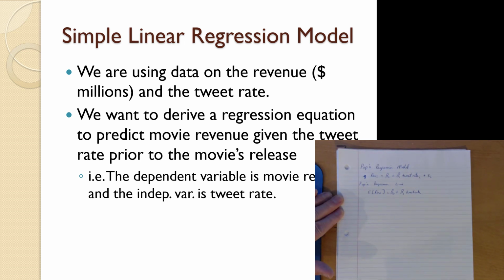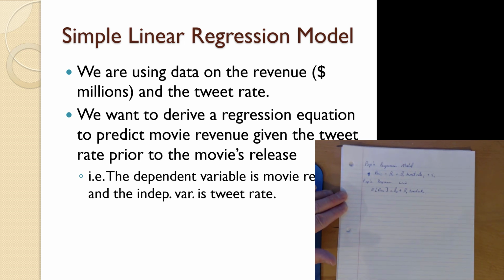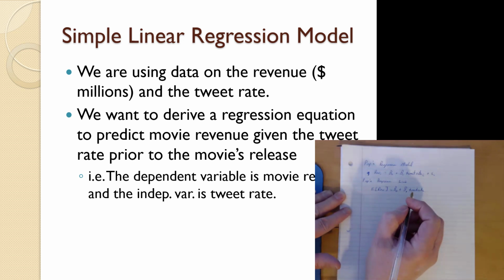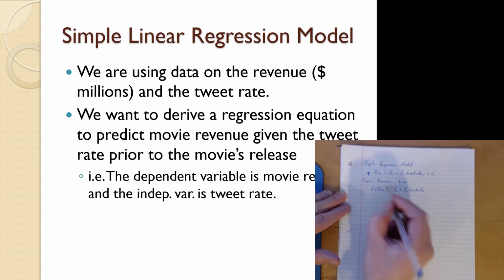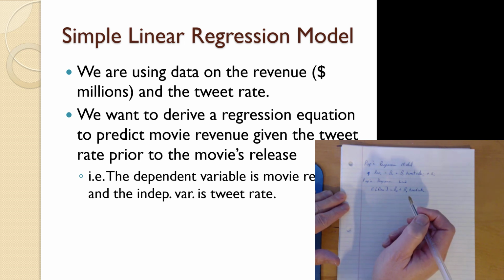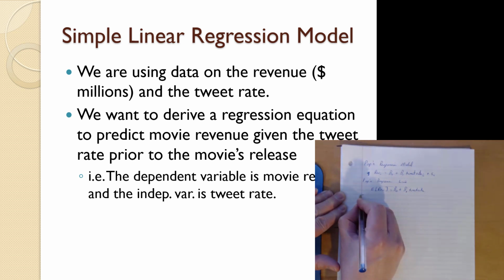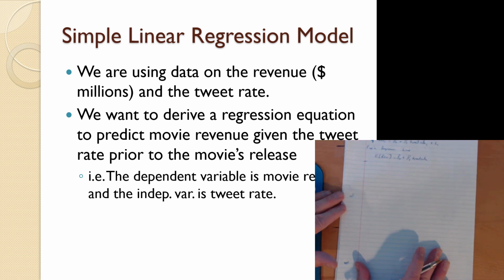Again, no error. Now we can also talk about a sample regression model and a sample regression line, but those require estimates, and that's essentially where we're sitting at now. Now we're going to do some estimation.